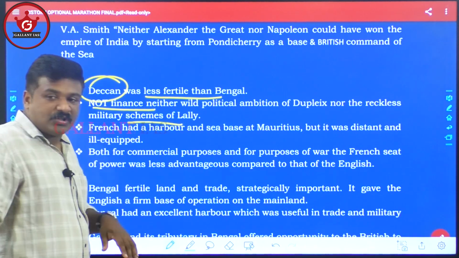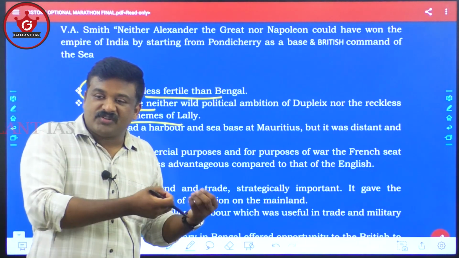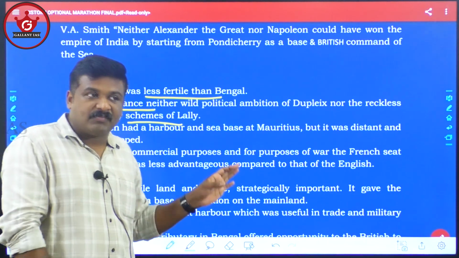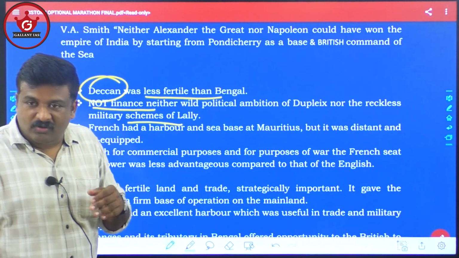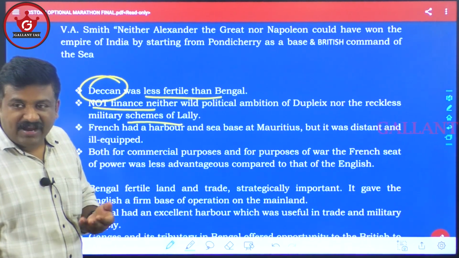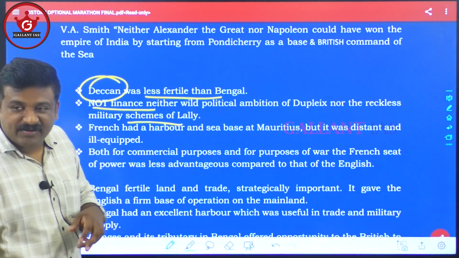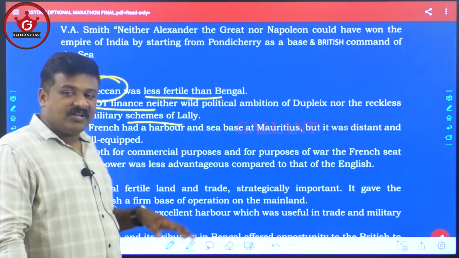It did not have any lucrative trade business. This Deccan Peninsula, by this time, was not as fertile as Bengal, and did not have that many industrial and commercial establishments like Bengal.